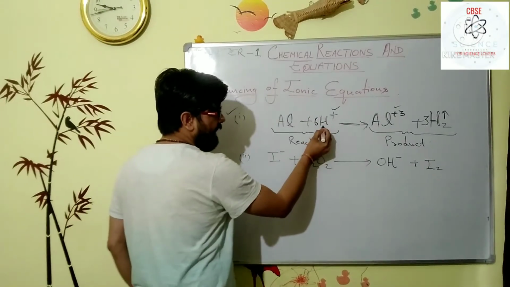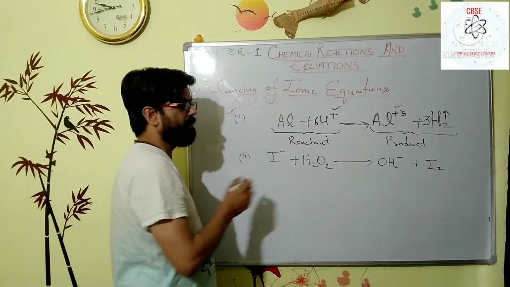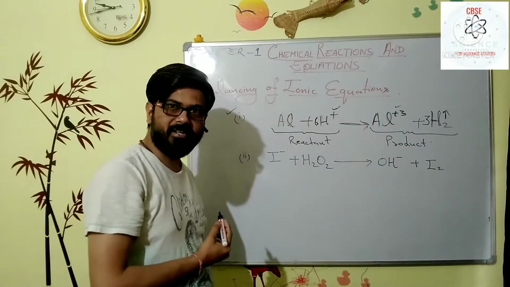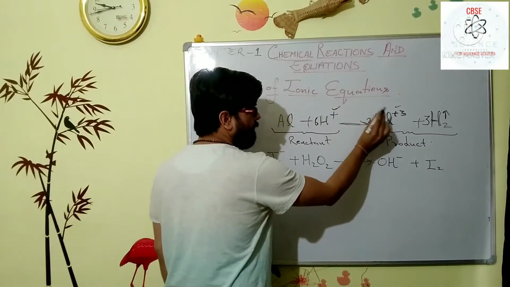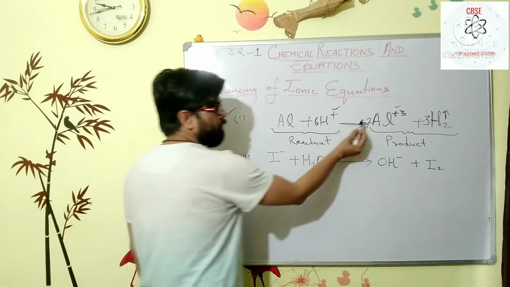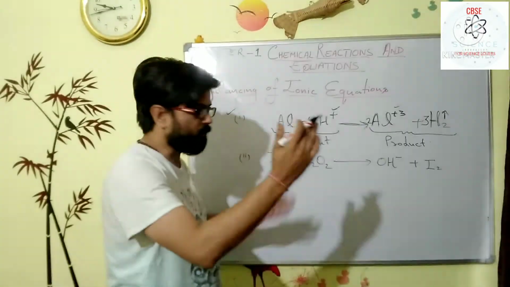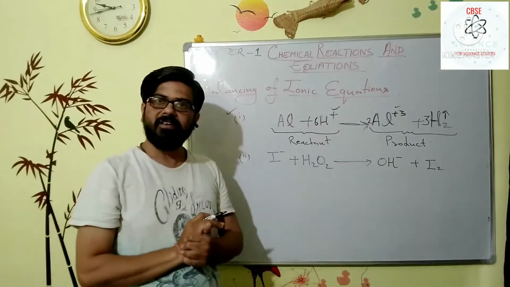So hydrogen atoms will balance, 6 and 6, and there are now 6 positive charges. But here there are 3 positive charges on the product side. So to balance the charge, put 2 with the aluminium ion. So 2 times 3 gives 6 positive charges on the product side and 6 positive charges on the reactant side.